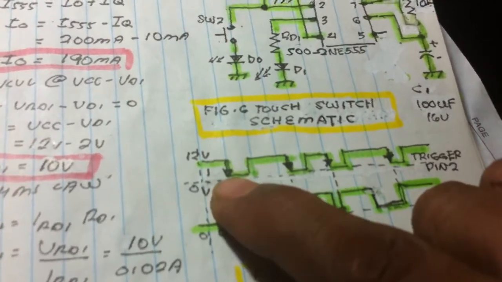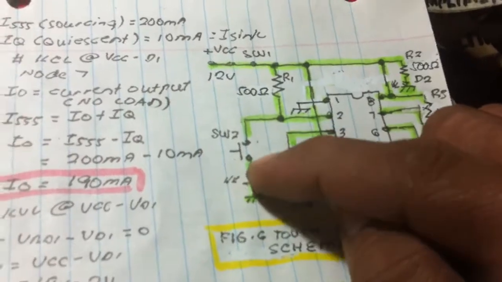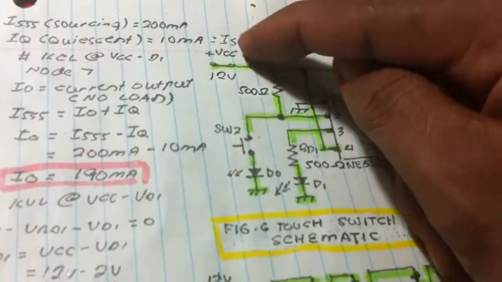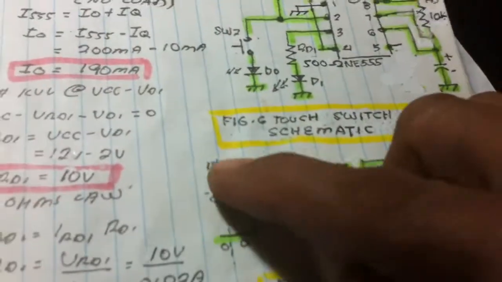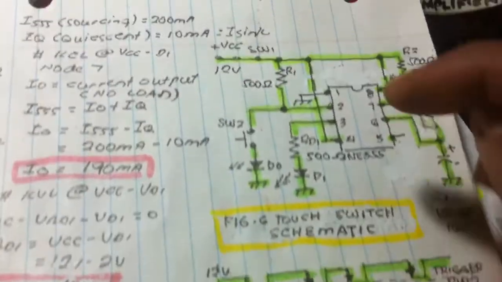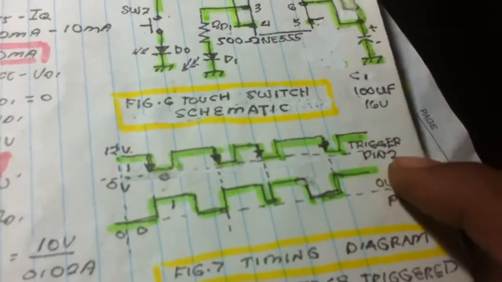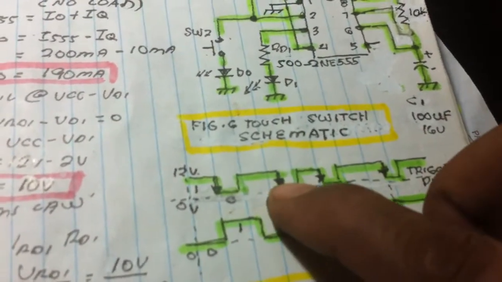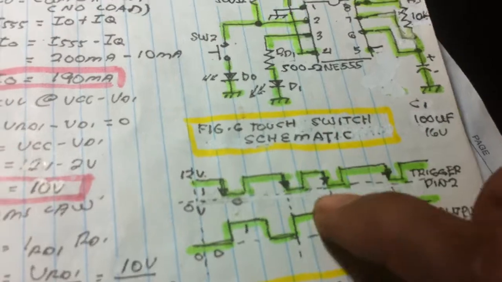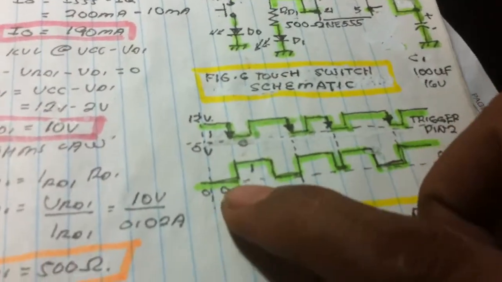So this one now is the action of the push button. That's why they call it negative edge triggered, putting the circuit to the ground from logic 1 to logic 0, or in voltage level, 12 volts to 0 volts. Every time you push the switch, this is the triggering pulse, the push button here is the arrow. That is the trigger, and it has an output.